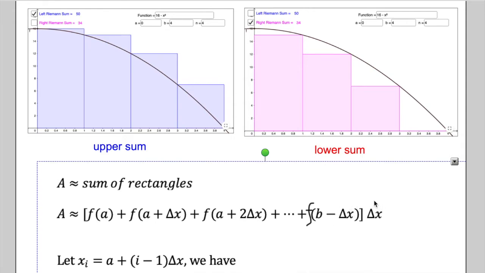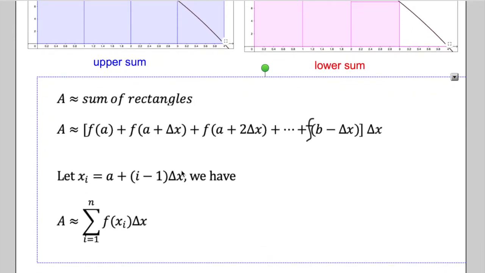These are the heights, and then we multiply that by the width of these rectangles, which is delta x. We can certainly write this as a summation, and we can represent the changes in the positions as xi.